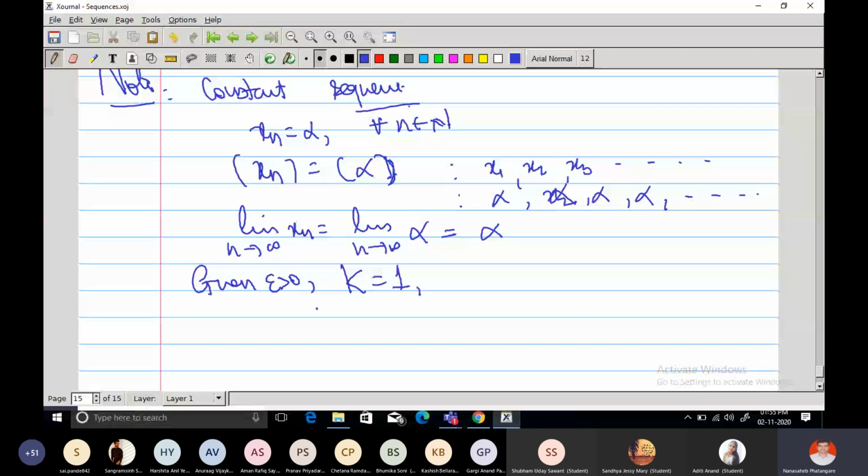Then xn minus alpha is alpha minus alpha, because each term is alpha, so this is 0, which is less than epsilon for all n greater than or equal to 1. Every term satisfies this condition. So every term is alpha and therefore the limit is alpha. Whatever positive distance you select, every term satisfies that xn minus alpha is less than epsilon. In fact, it is 0. Correct? Right. So anybody else?